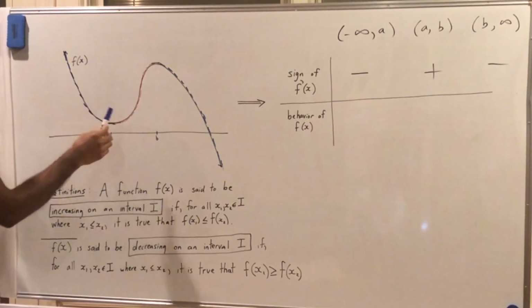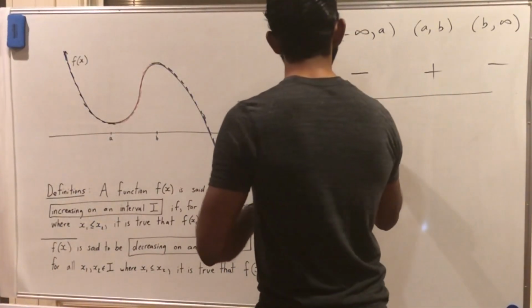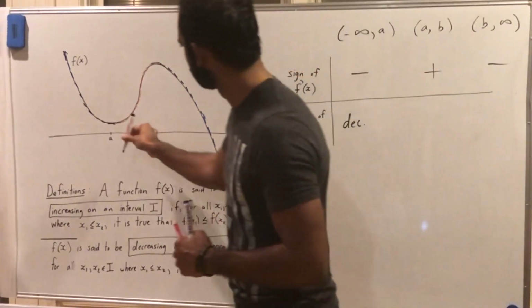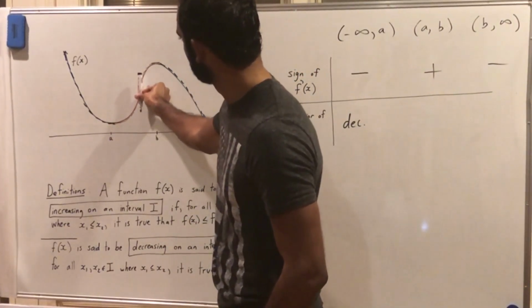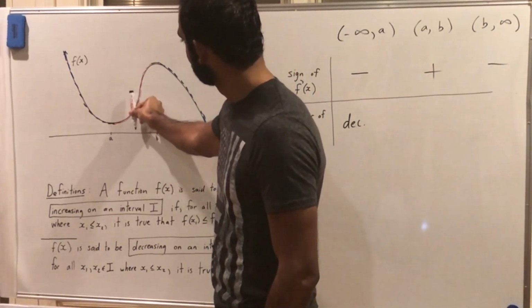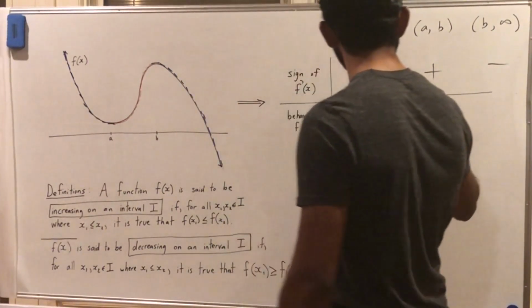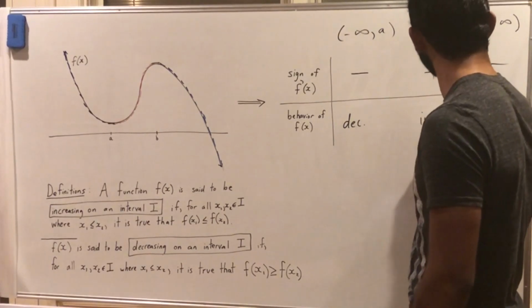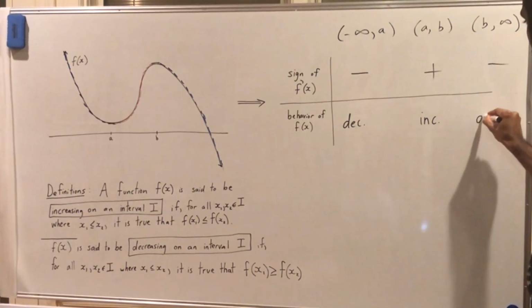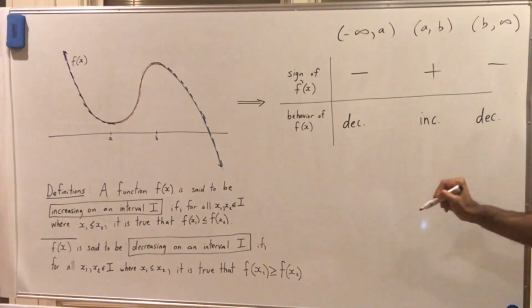It's decreasing, so I'm going to just say DEC for decreasing. What about from A to B? It's increasing. Again, it's always defined left to right. And finally, for B to positive infinity, it's decreasing.